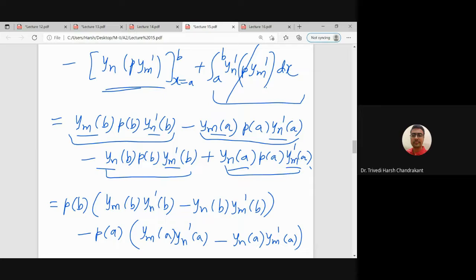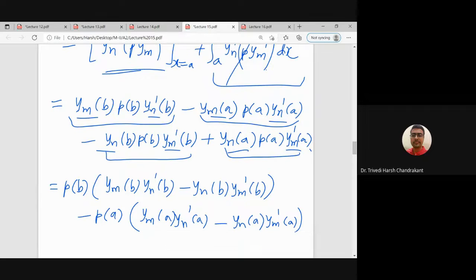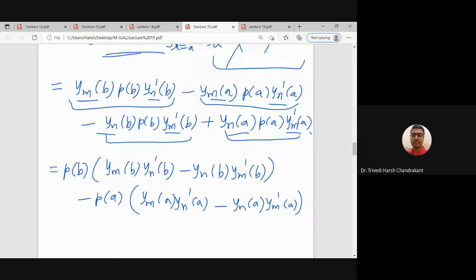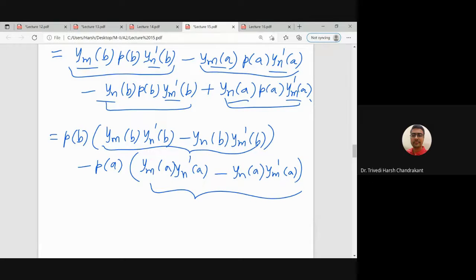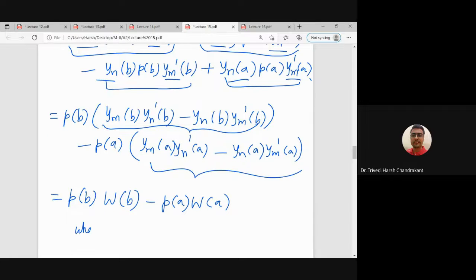So we have separated the terms multiplied by p b and p a, and these terms we already know what that is. That is nothing but the Wronskian, right? So that is equal to p b, we can call this Wronskian evaluated at b, minus p a times Wronskian evaluated at a, where what is the Wronskian here?